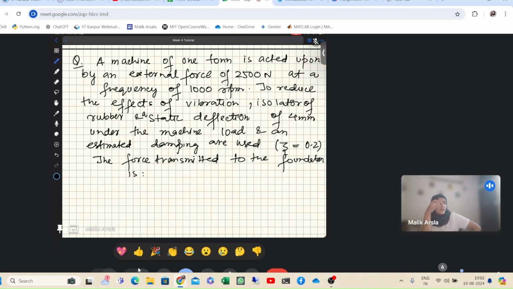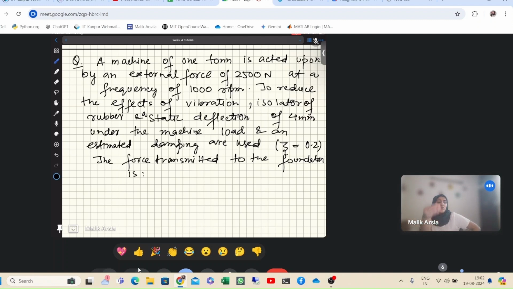Always remember that if zeta has been given, then it's better to use the formula which contains zeta, because if you use the formula which contains k, omega, and c, that will be more difficult, because then you will have to find k and then you will have to find c also. You can solve it that way also, but you will have to find two things.